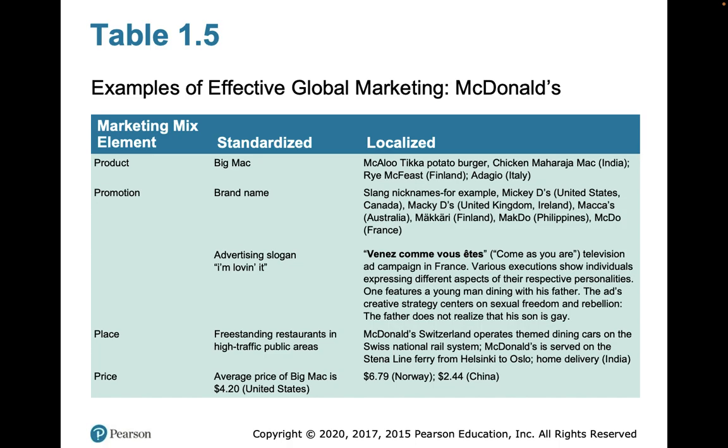They make the people feel that they are part of it, they are recognized, they are known, and they are part of what they do. So this is their standardized way, and this is their localized way.